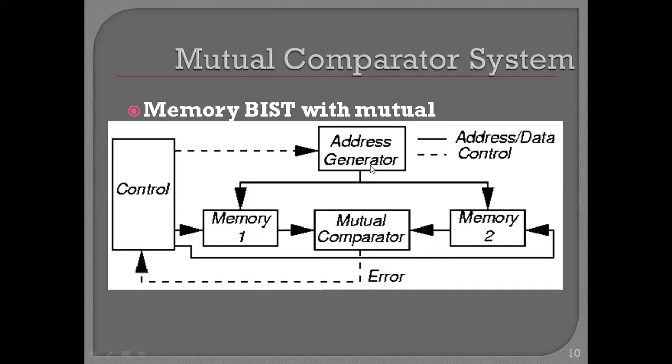There is a control logic, there is an address and a data generator. The data generator is also an LFSR, so you can use it with the control signal for both. It is going to tell me which cell of the memory has to be accessed, and both of them get the same signal, read or write, whichever control signal, and the same data value, 0 or 1. So we can compare in the mutual comparator whether both values are equal or not. If not, that means there is an error. If they are equal, it means it is right. So this is the simple memory BIST using the mutual comparator and the address generator which is based on an LFSR.